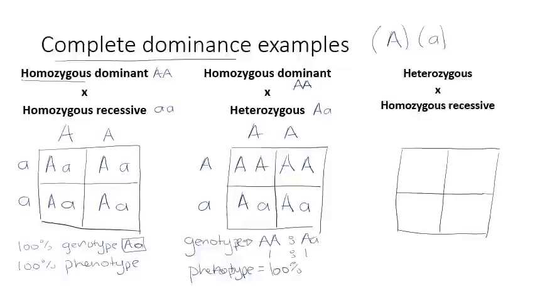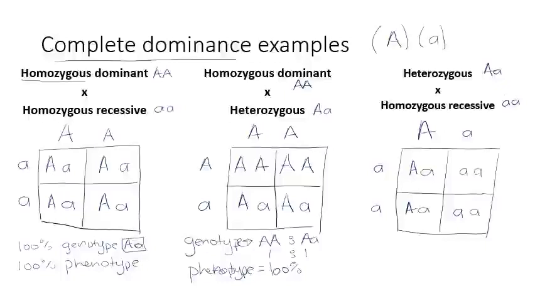Let's go look at heterozygous cross with a homozygous recessive. A heterozygous is that. Homozygous recessive is little a, little a. So, heterozygous, homozygous. This A comes down into these two. This a comes down into these two. This a goes across into those. And this a moves across into these.